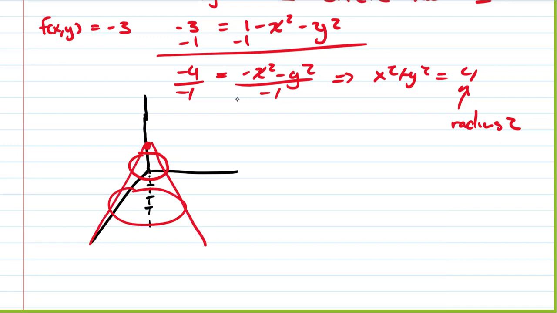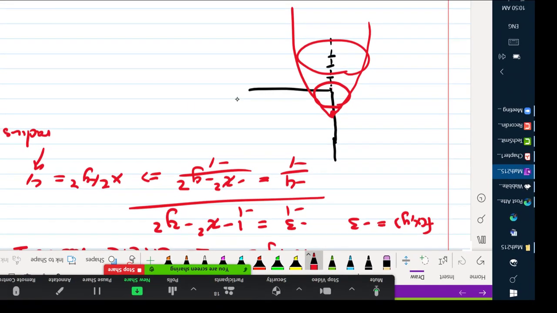And when we connect this, we get something that looks like this. And once again, we get a paraboloid that is turned around upside down.